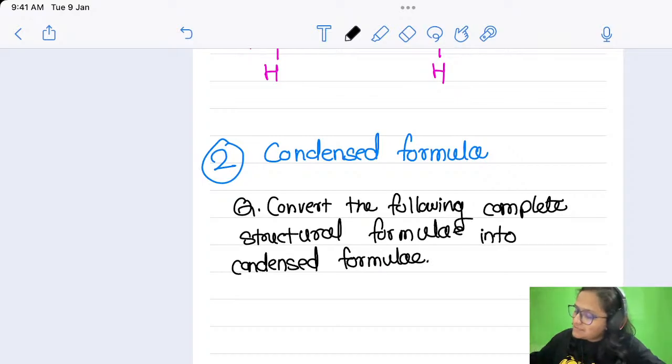Okay, let us see examples one by one. So the first example is this. Just observe the structure very carefully.